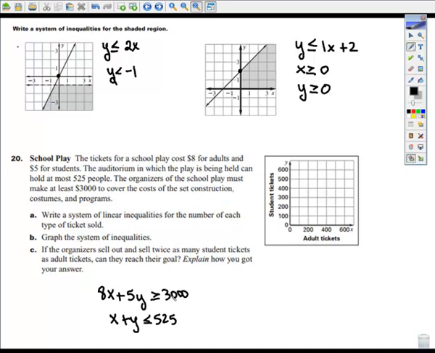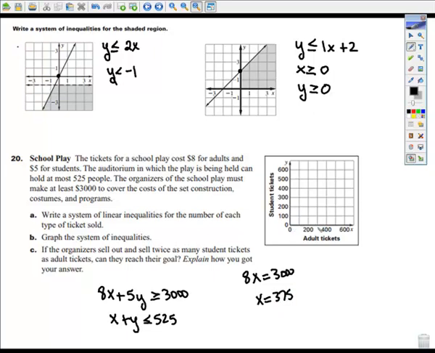I'm going to choose to graph this just like I did in previous sets using the x and y intercept. So here I'll go 8x equals 3,000. When I divide by 8, I get 375. So this is going, it looks like in hundreds.